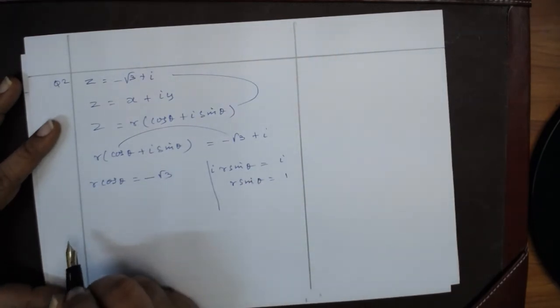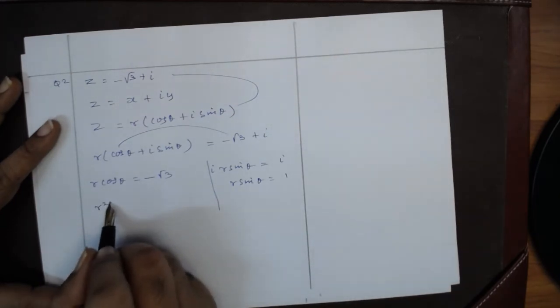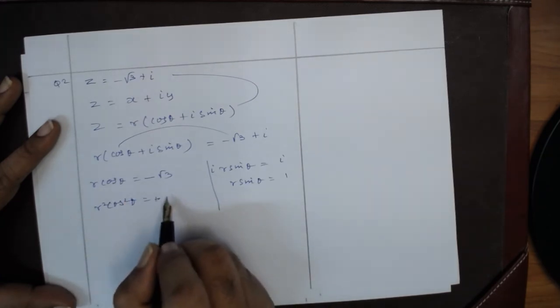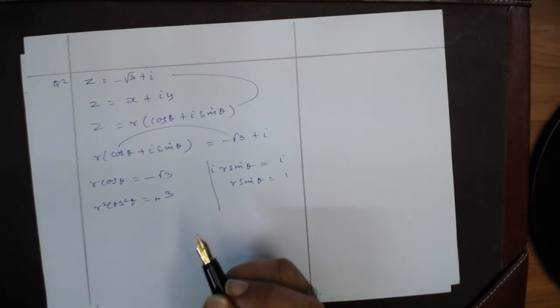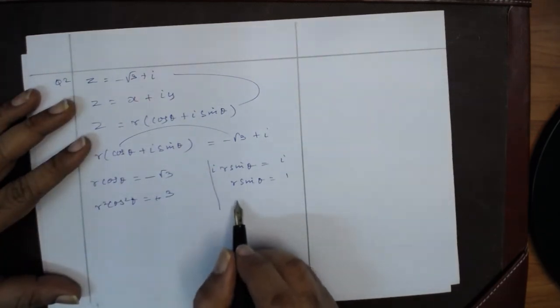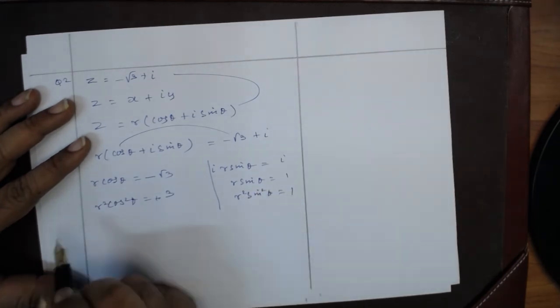Now squaring on both sides, what comes? r squared cos squared theta is equal to 3. And similarly r squared sin squared theta is equal to 1.